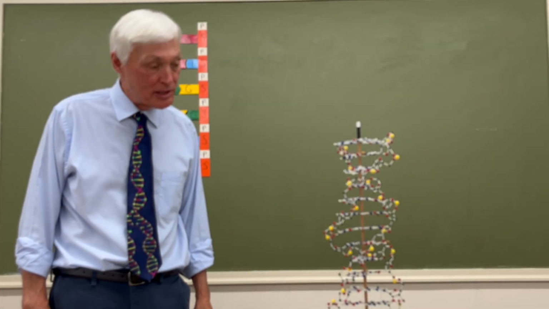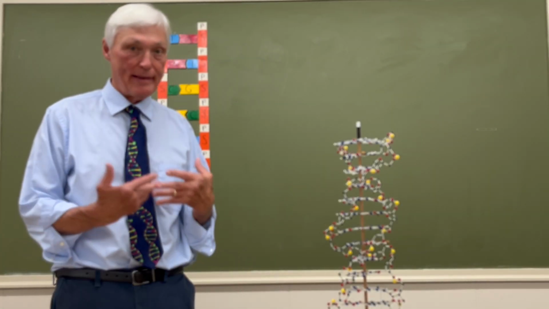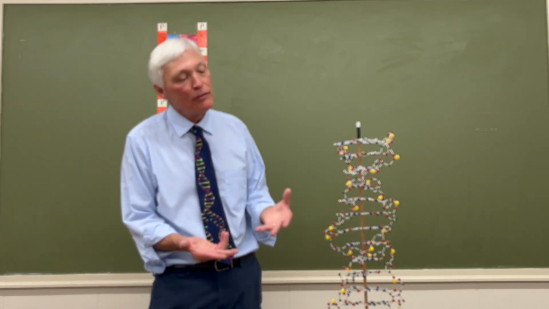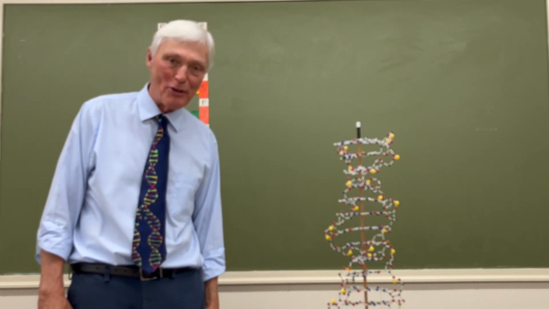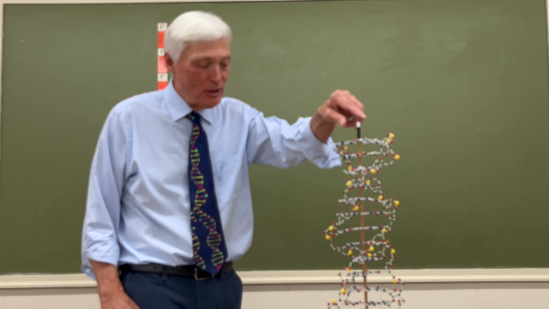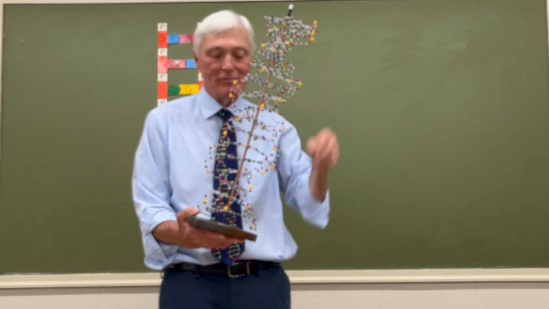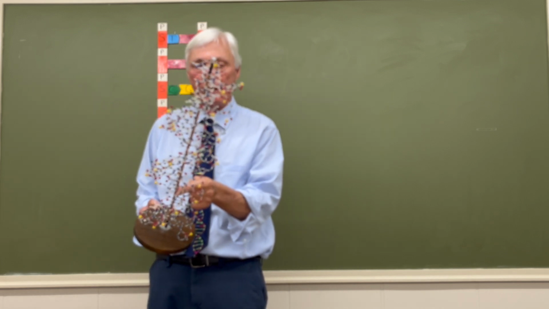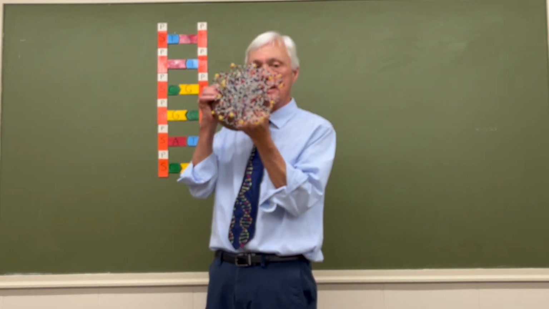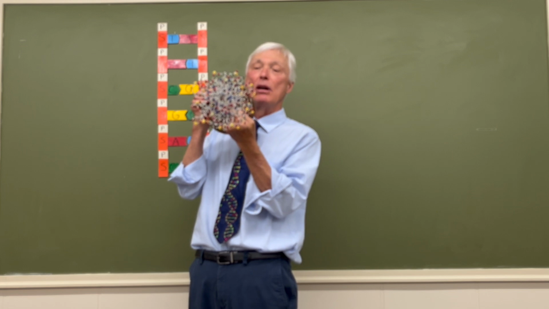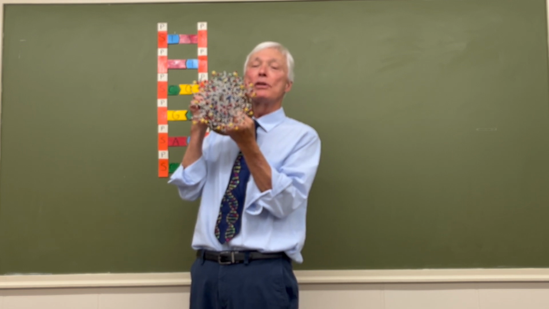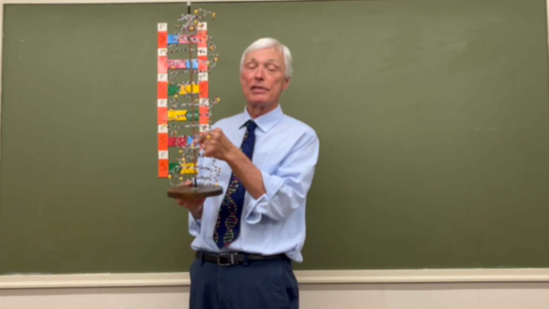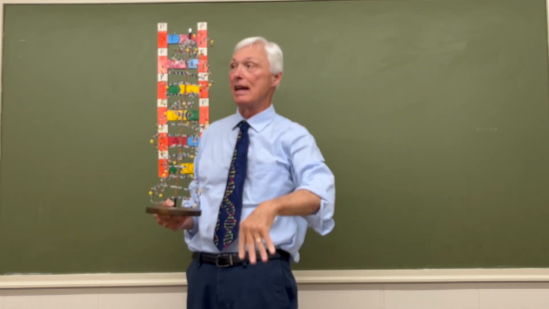Now, there's also beauty in nature if you look hard enough, if you know where to look. Look at a cross-section of this DNA molecule. In other words, imagine we're looking down the barrel of this DNA molecule. It'd be sort of like standing at the top of a spiral staircase and looking down.